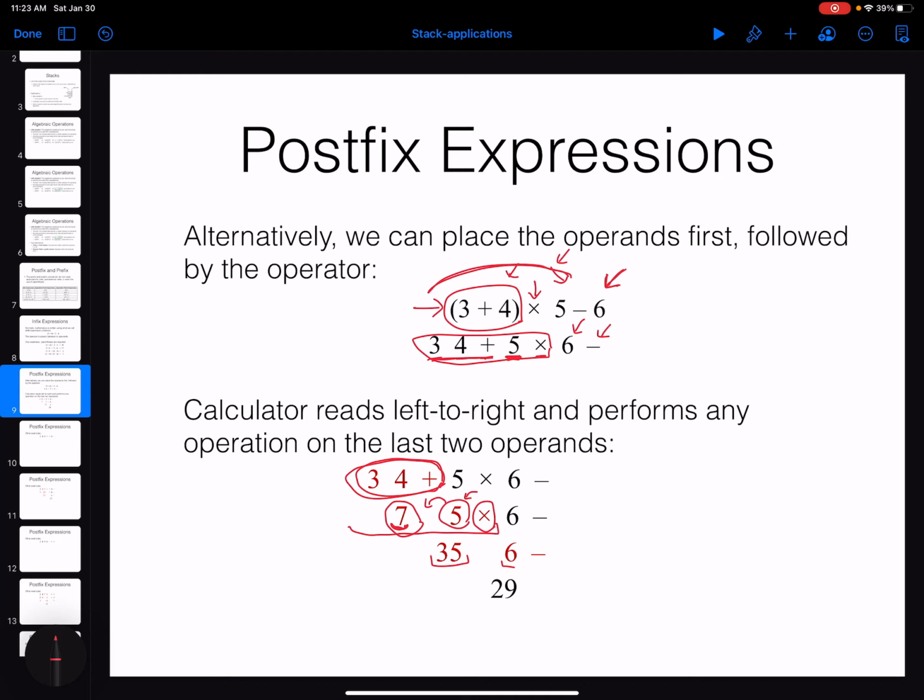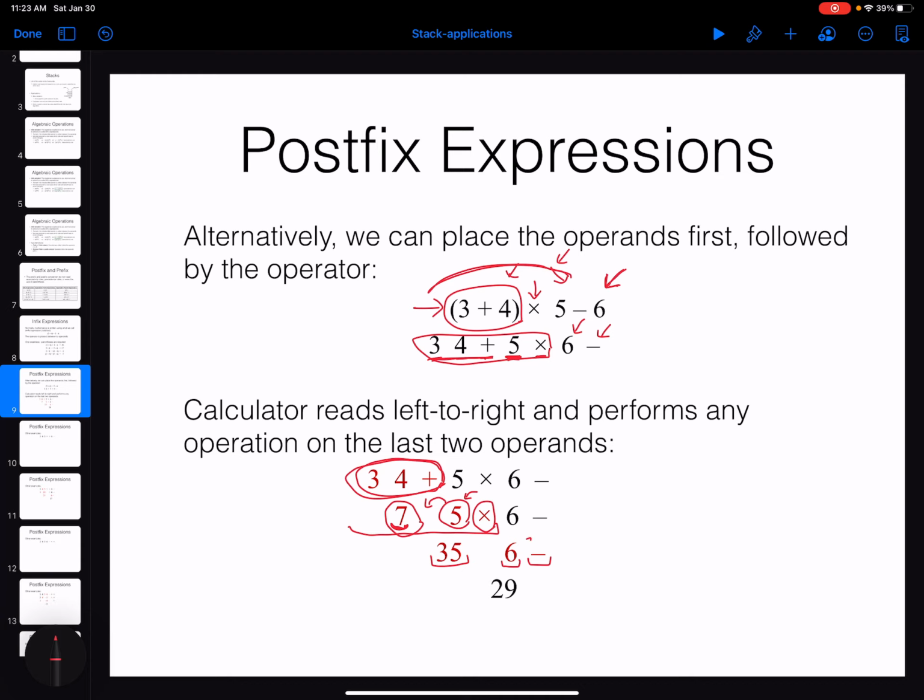The next token is going to be 6. Again, this is an operand. I can't do anything with that. Wait. The next token is going to be a subtraction. This is an operator, so you have to just read the previous 2 operands for this one.